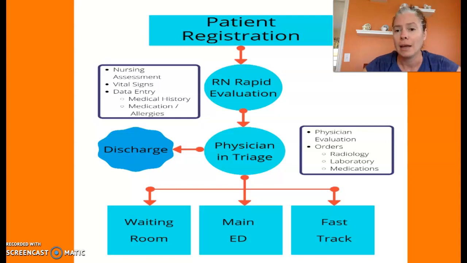By doing this, I am helping to decrease the amount of patients that are left without being seen by shortening that time frame that they're going to have to wait, by speeding up the flow of the emergency department, by getting those patients that only need a couple different things in and out, and also getting those patients that need a lot more things done, seen faster.